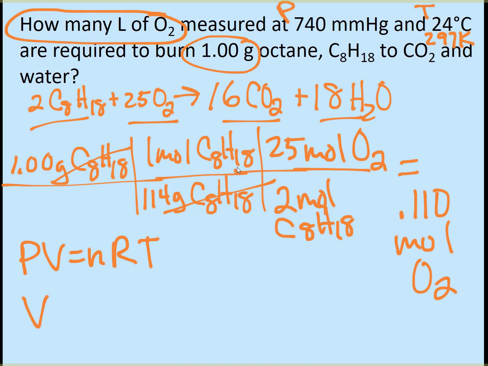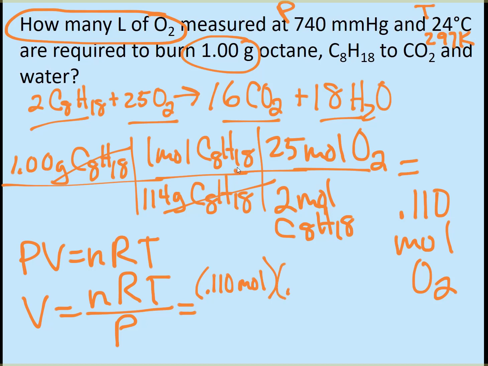So solving for the volume, I'm going to divide by the pressure on both sides. And now we can just plug in our values. So we just found the moles of our oxygen, and then our ideal gas law constant.